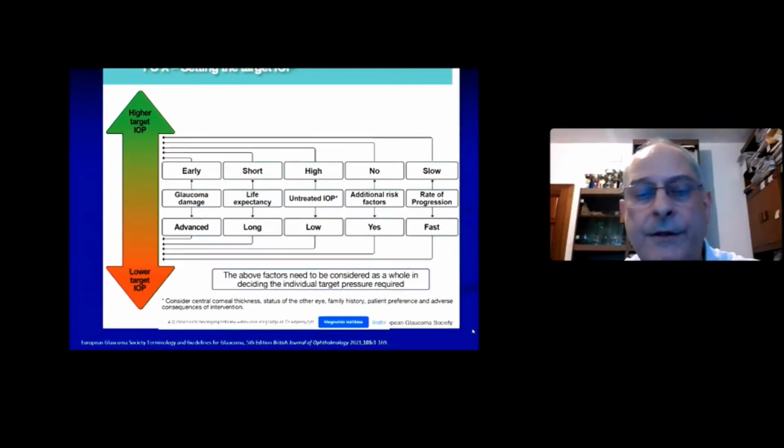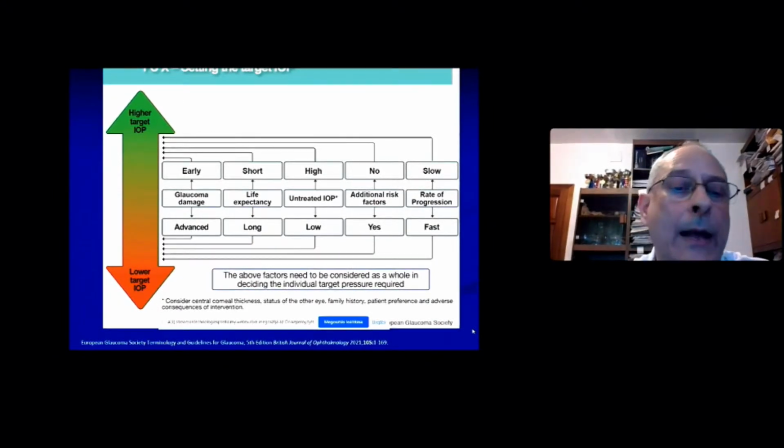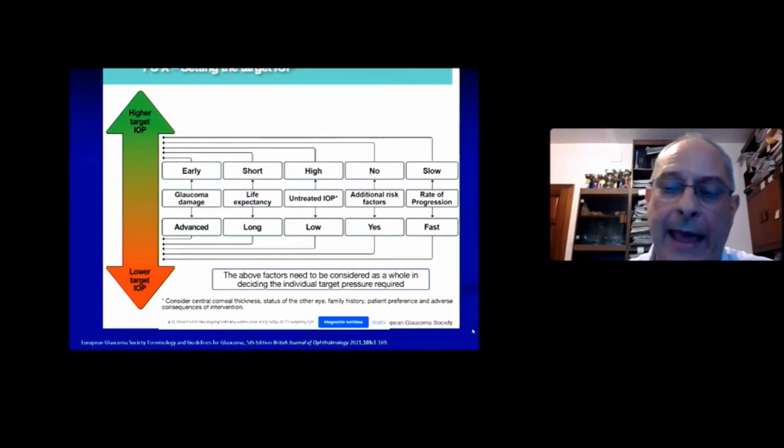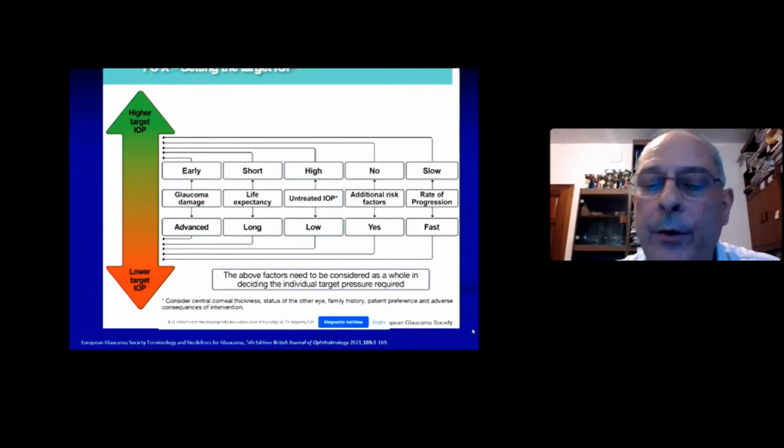The most important factors are summarized in this very well-known EGS figure, which very clearly shows that individuals with advanced glaucomatous damage at the beginning, with long further life expectancy, with low untreated IOP at which the glaucoma damage developed, with additional risk factors, and particularly faster progression rates, need particularly low IOP.